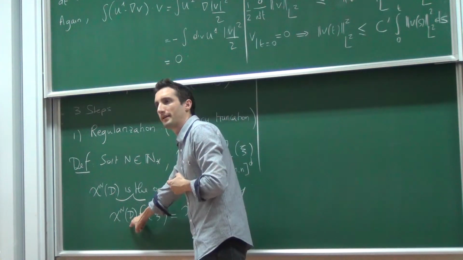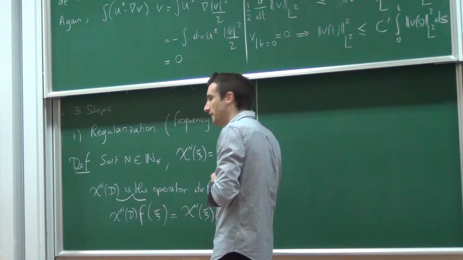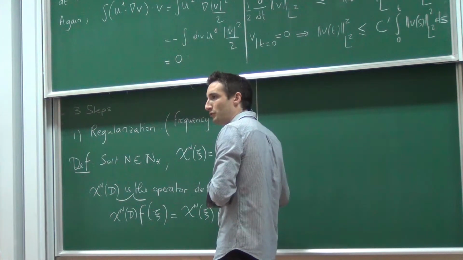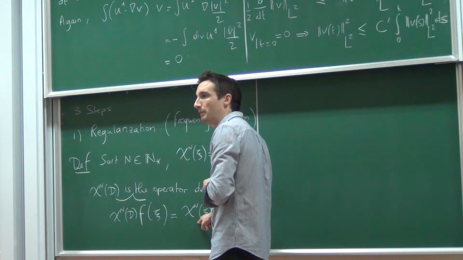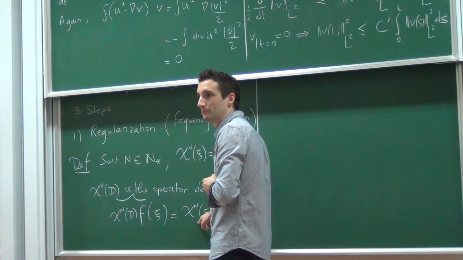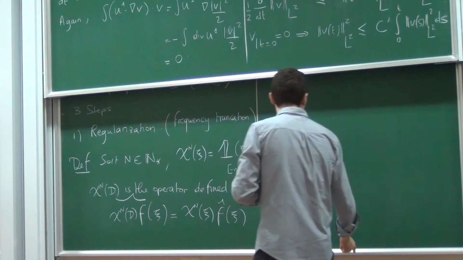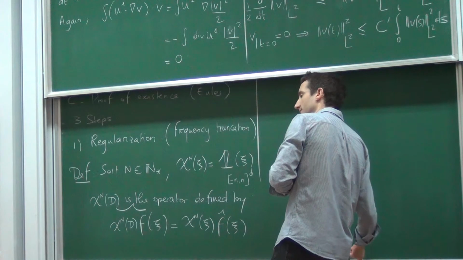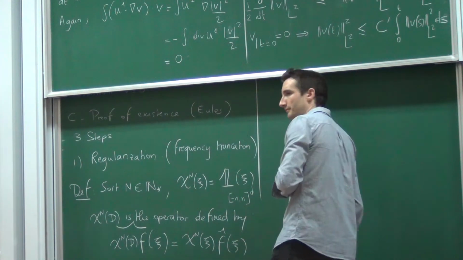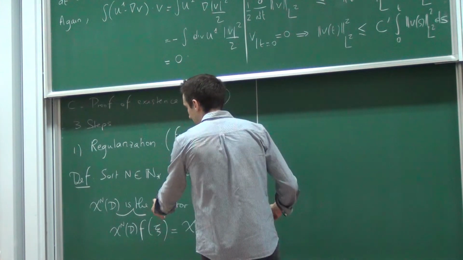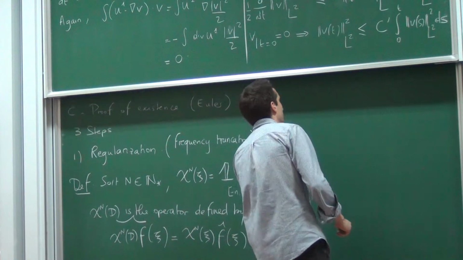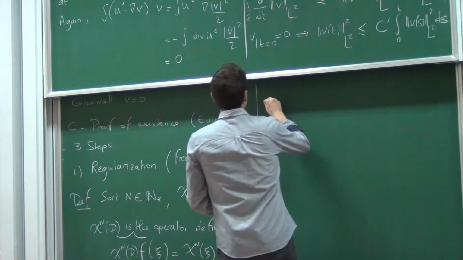So when I apply this kind of operator, what am I doing? I'm cutting frequencies. I go to the Fourier space and I only keep frequencies that are less than N. So with this kind of frequency truncation, there is a key point.